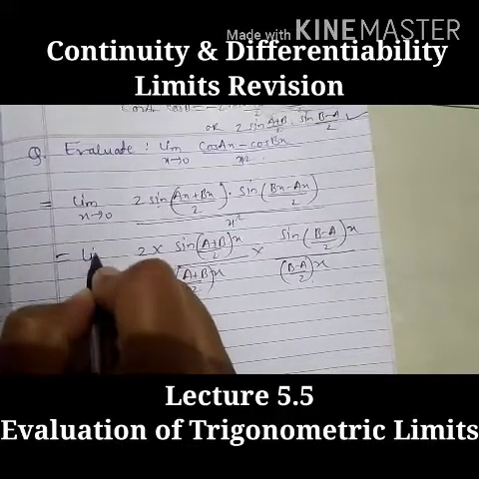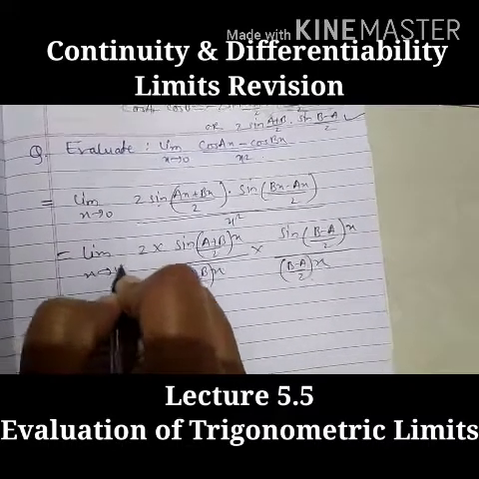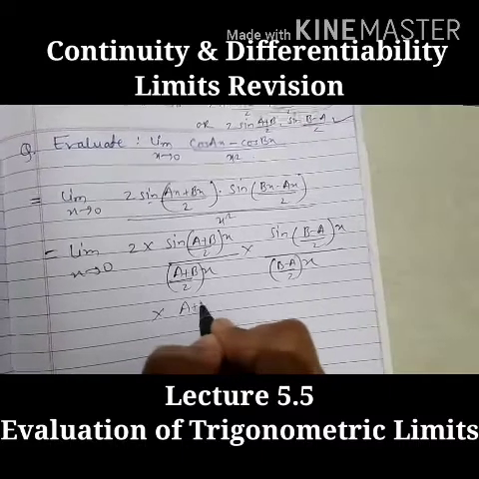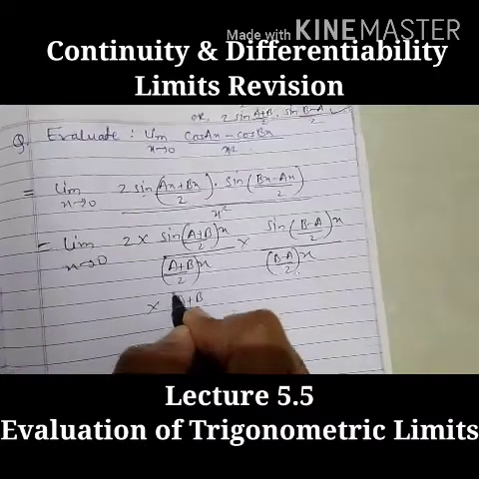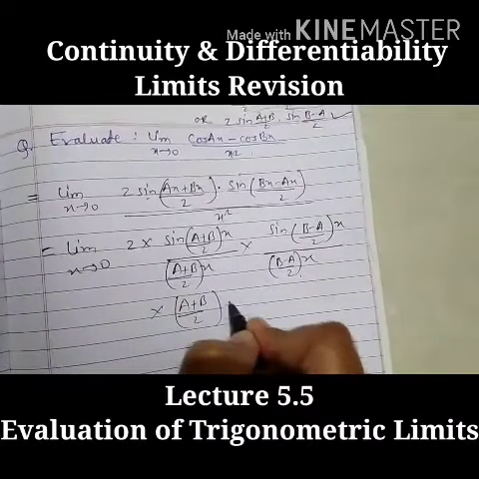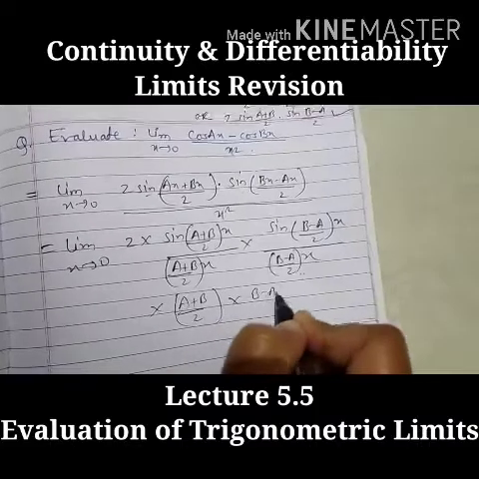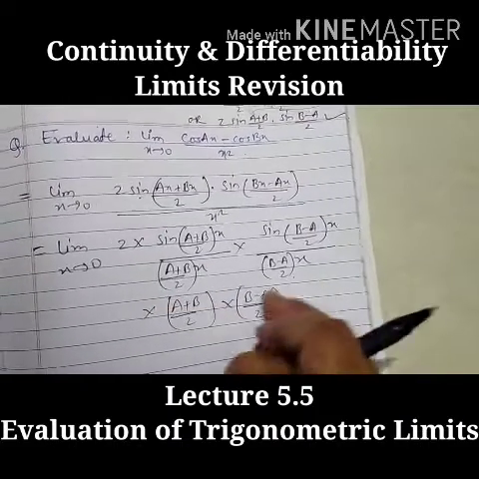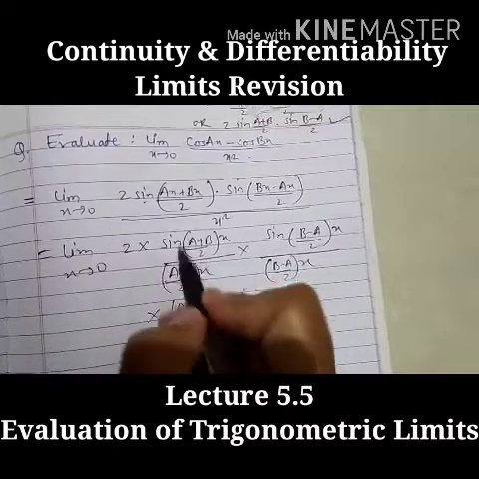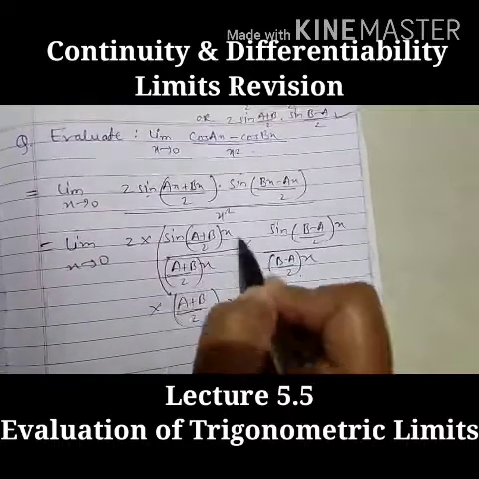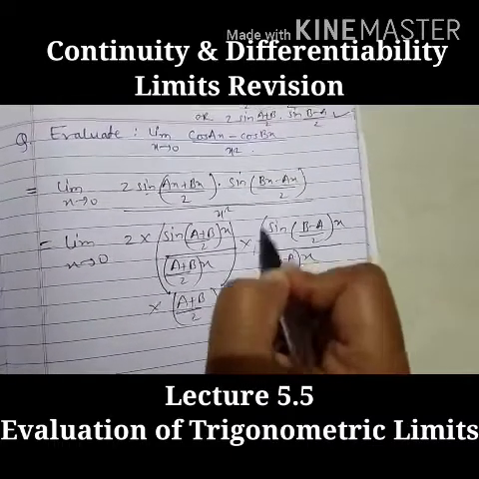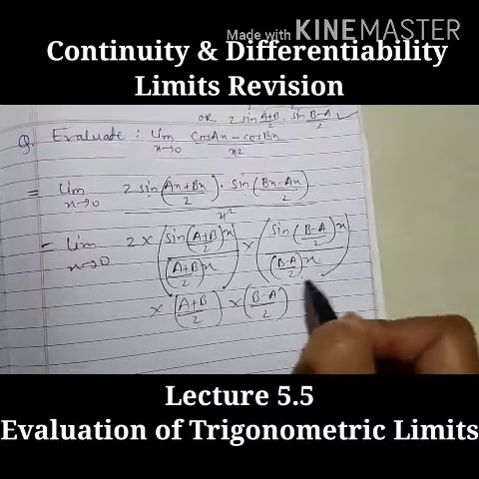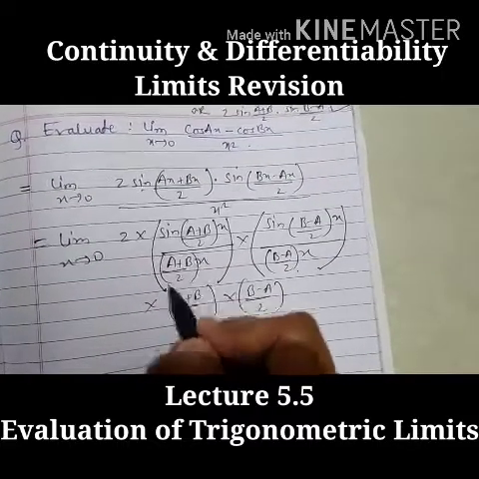So limit as x tends to 0, we have divided, now into, we will multiply also a plus b by 2, x already it was there, into b minus a by 2. Now this limiting value, if we apply limit here, it will be 1, because same angle and same denominator.